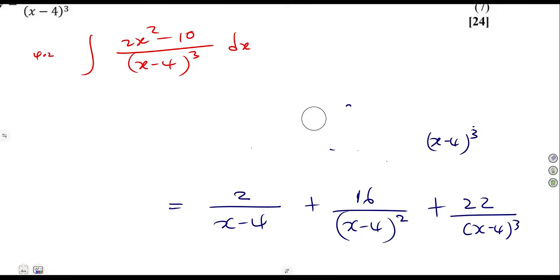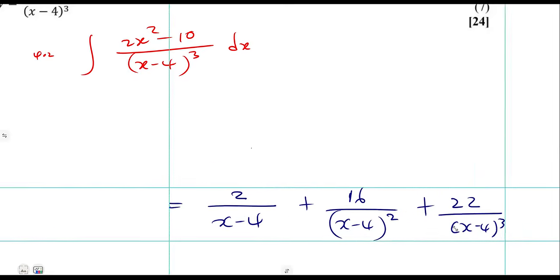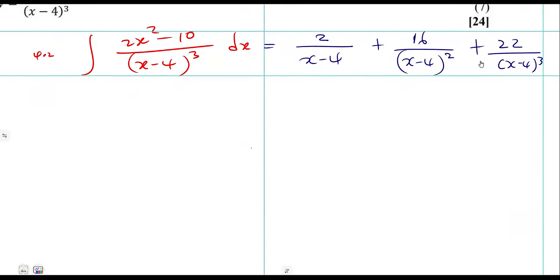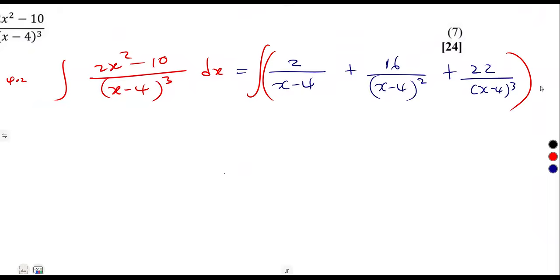We are simply going to integrate this with respect to x. So integrating here, that's going to be 2 ln of x minus 4.